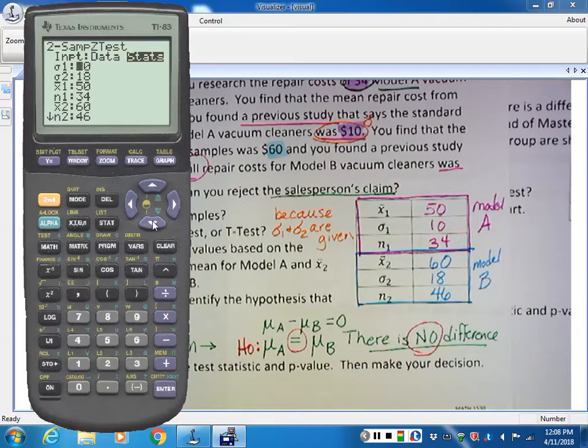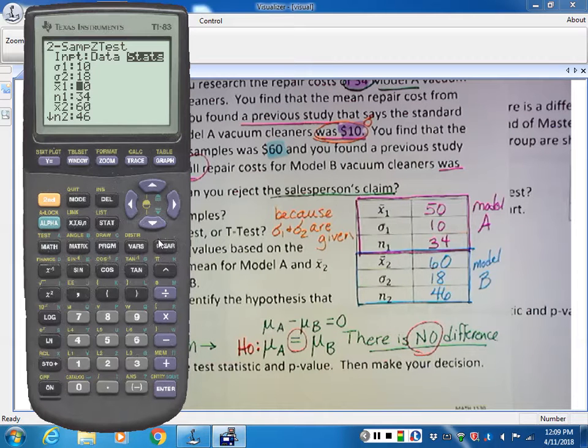And just like it did before, it asks questions about the values of the problem. Since we're using model A as being group 1, it says what's the population standard deviation for model A? And it's 10. Then it asks, since model B is group 2, what's the standard deviation for model B? And that's 18.